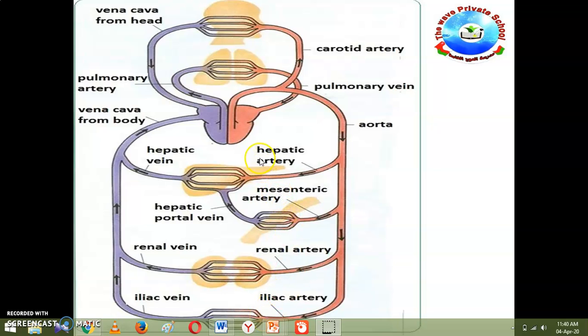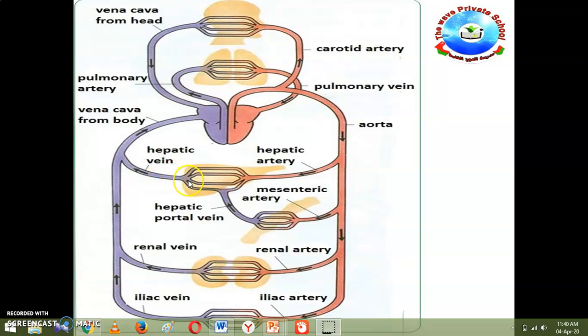Here you can see the heart is pumping blood to the artery. This is the aorta, taking the blood to the liver by the artery called the hepatic artery, and the deoxygenated blood is carried away to the heart again by the vein called the hepatic vein.